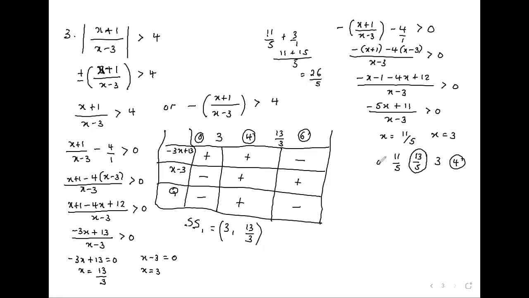And then for a number less, we can use 0. Then we pick negative 5x plus 11, x minus 3, and then Q for the quotient.